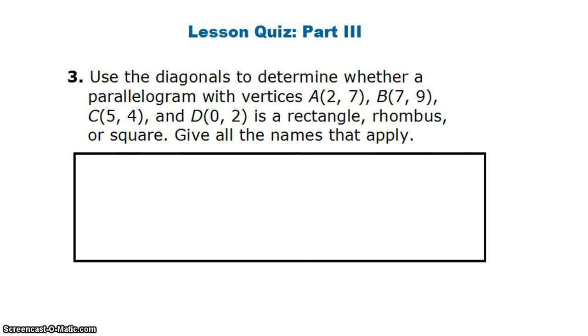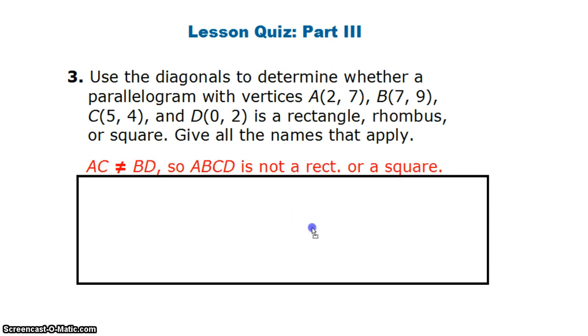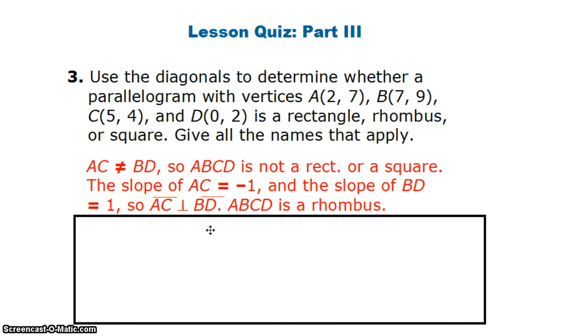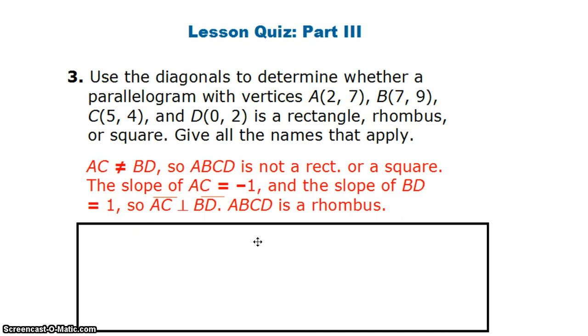I hope you have taken the time to graph this, and when you do, you have noticed that the diagonals, unfortunately, are not congruent in this case, so it is not a rectangle, nor is it a square. But the question is, is it a rhombus? So if you take those diagonals and test their slopes, they are negative reciprocals, and so we could say that ABCD is a rhombus. Good job.